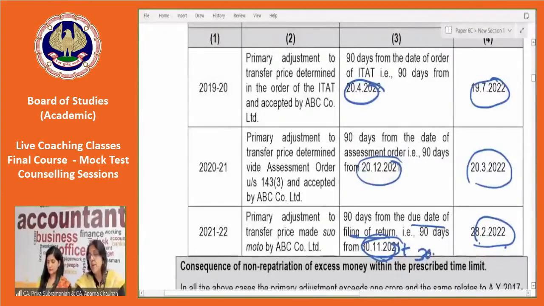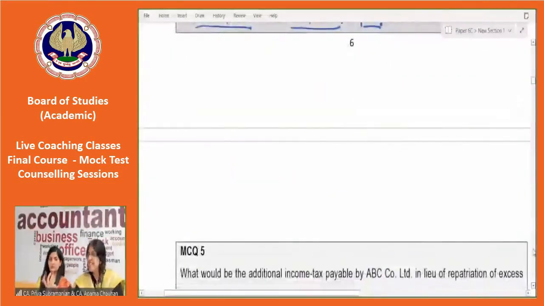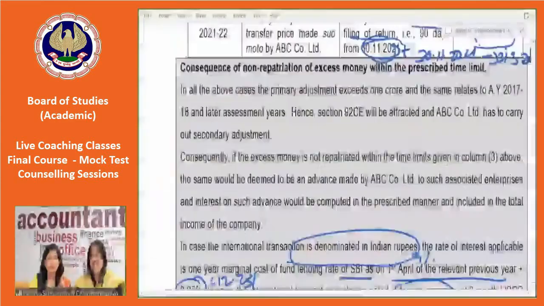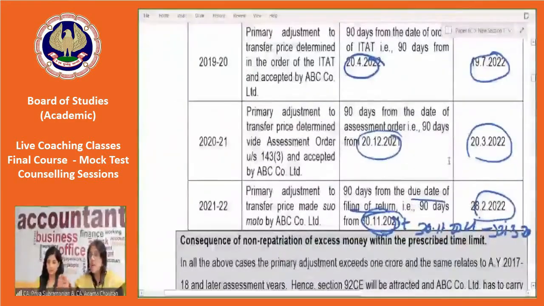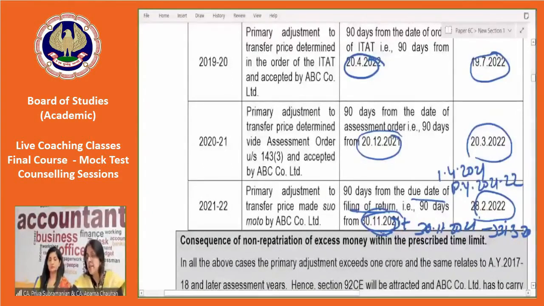So I will have to compute from 30/11/2021 to 31/3/2022, so my previous year will be 21/22 in this case. So I have to see the SBI rate as on 1/4/2021. If I am using the LIBOR rate, that is 30th September 2021.